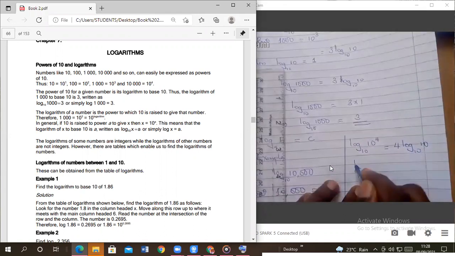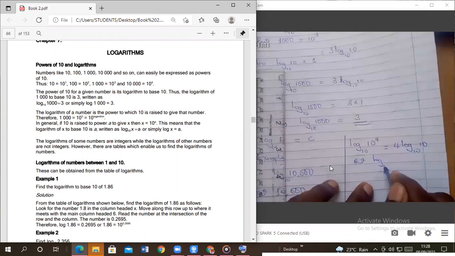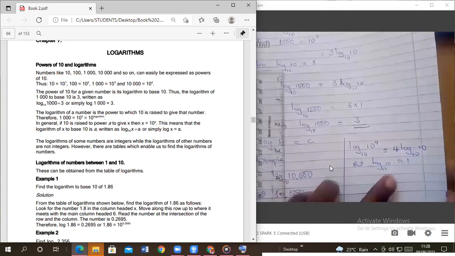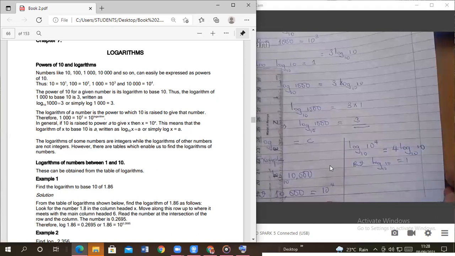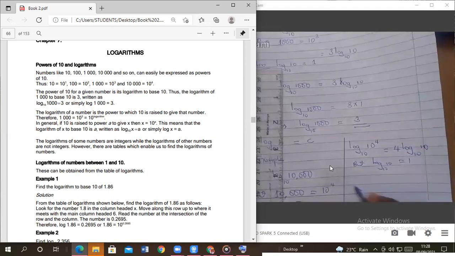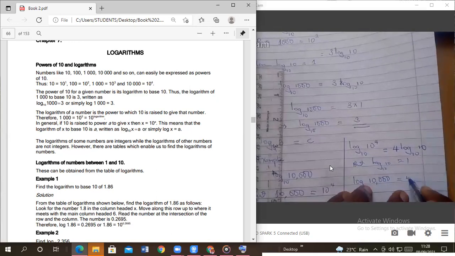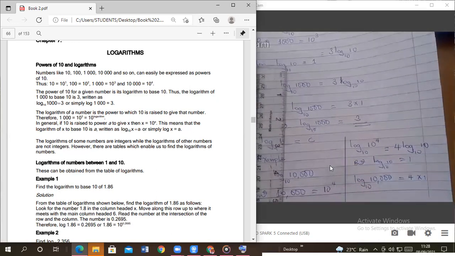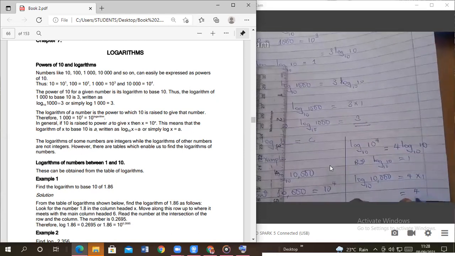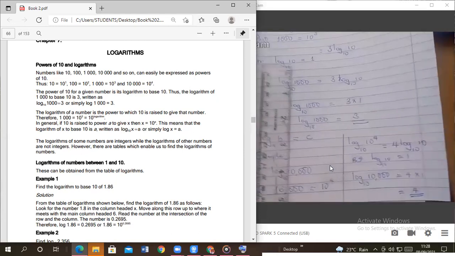And log to base 10 of 10 is 1. So log to base 10 of 10,000 is going to be 4 times 1, which is 4.